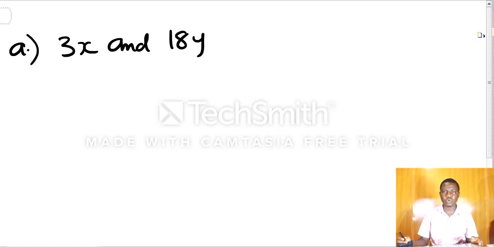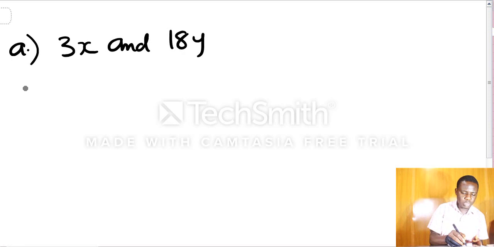The question says we should find their common factors as well as the highest common factor. So what we are going to do is, first of all, find the factors of 3x and find the factors of 18y. Comparing both sets of factors, which of them is common? Which of them can you find in 3x and which of them can be said to be a factor in 18y? Fish them out, and also find the highest common factor.